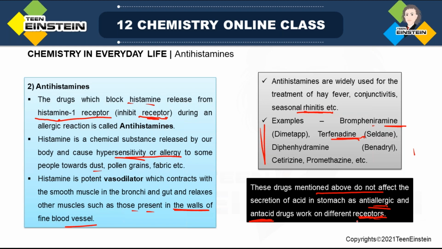It is a completely different receptor, though this histamine, this particular chemical messenger, has a role in acid secretion as well as in what we are seeing here. But don't be confused between these two. It depends on what type of receptor it is interacting with. In this case the receptor is histamine 1, which is for this allergic reaction, but when it is the secretion of acid in the stomach, then it is a different receptor, which is histamine 2.